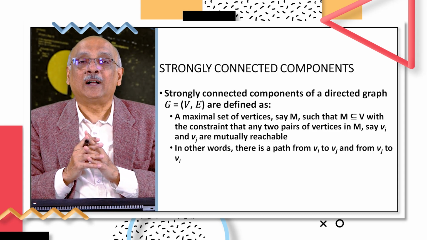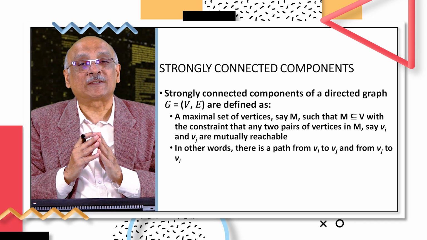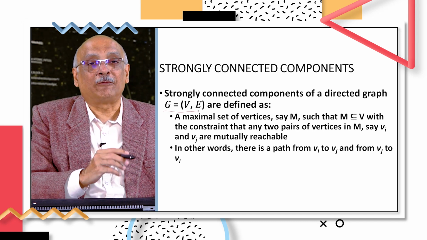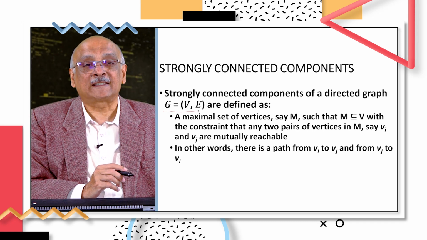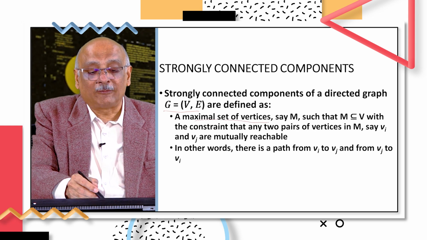If we define it formally, strongly connected components of a directed graph G with a set of vertices and set of edges are defined as a maximal set of vertices.